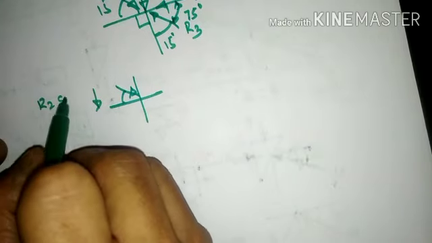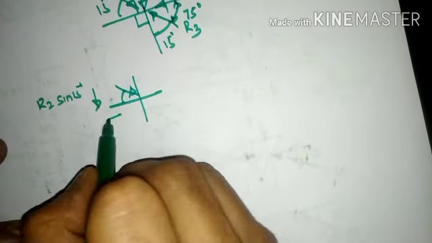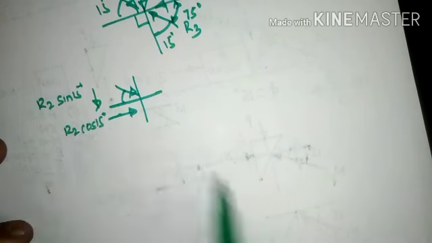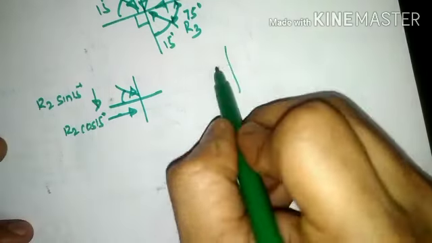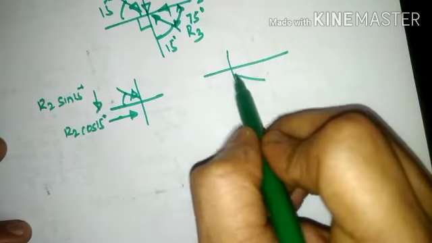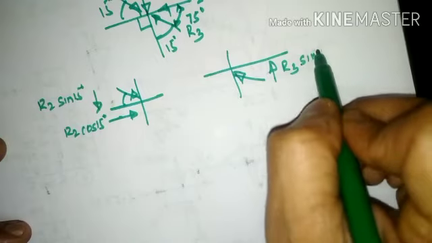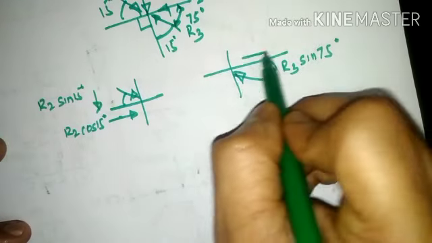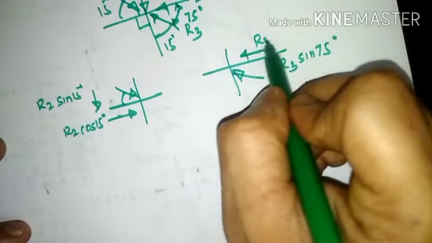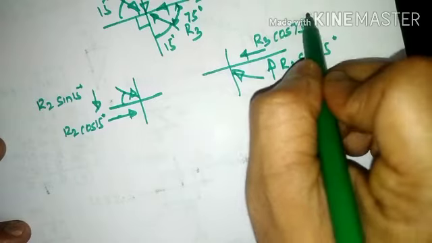The vertical force component will be R2 sine 15 degrees and the horizontal force component will be R2 cos 15 degrees. Likewise, when I resolve R3, it will have a vertical component R3 sine 75 degrees and a horizontal component R3 cos 75 degrees.